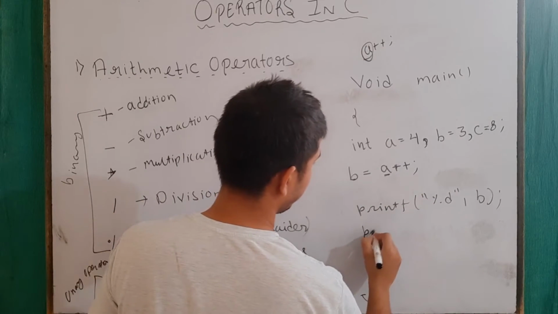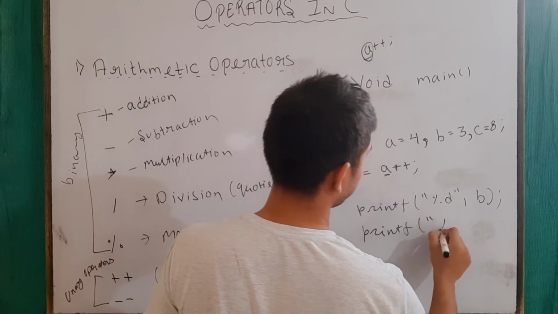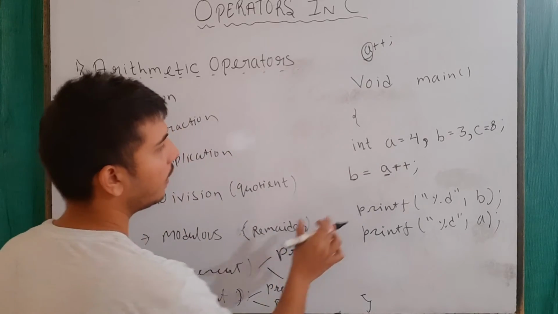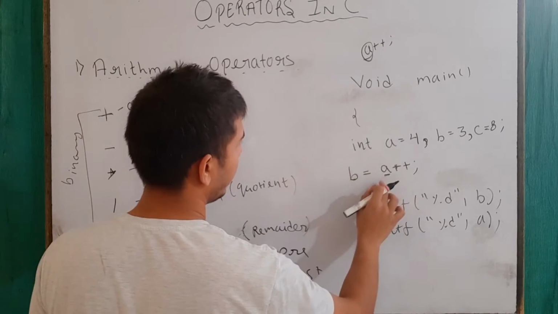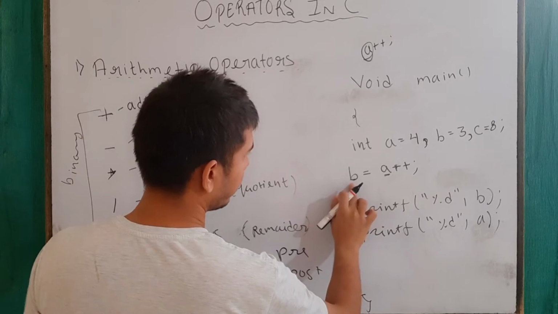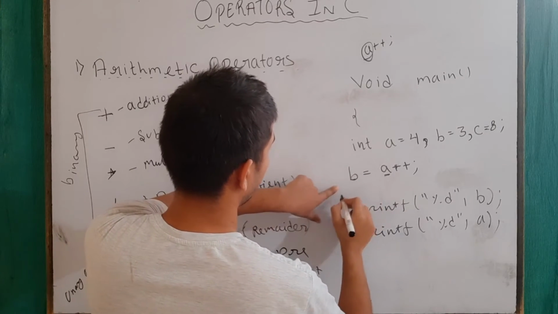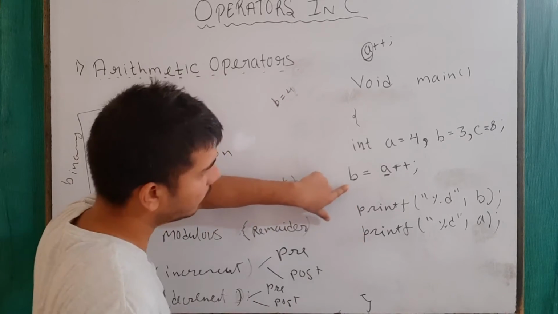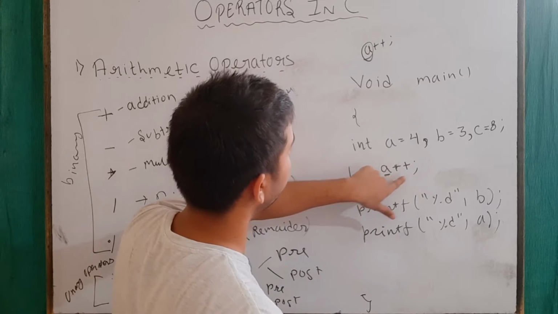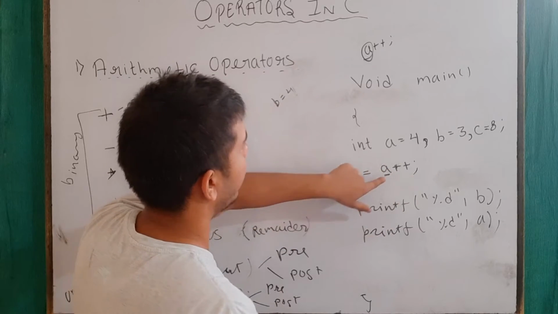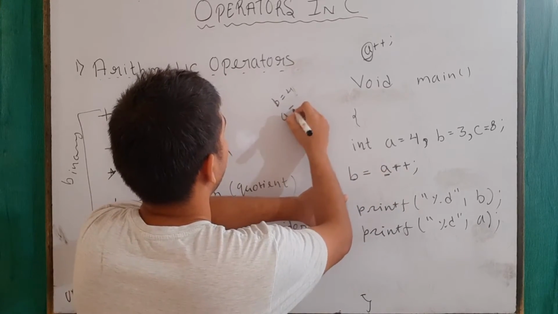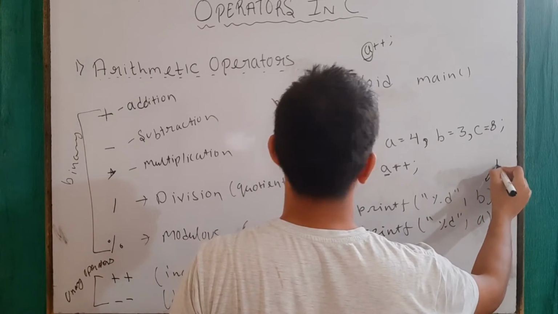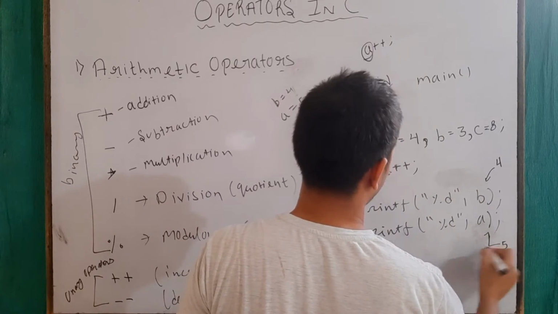Let me also write printf of %d and a. What is a here? A is 4. 4 will be assigned to b first, so b will become 4, and after that a will increase by 1, so a will become 5. So the output here is b is 4 and a is 5.